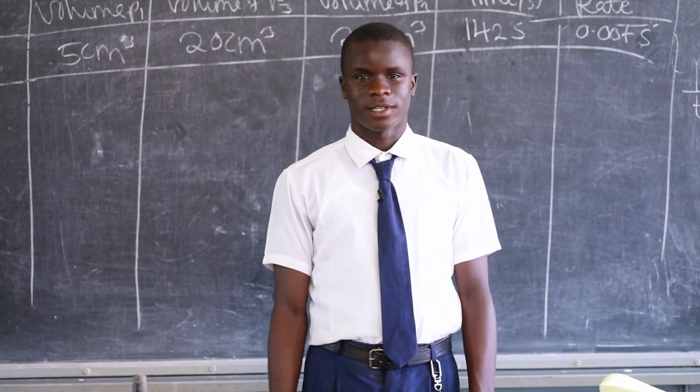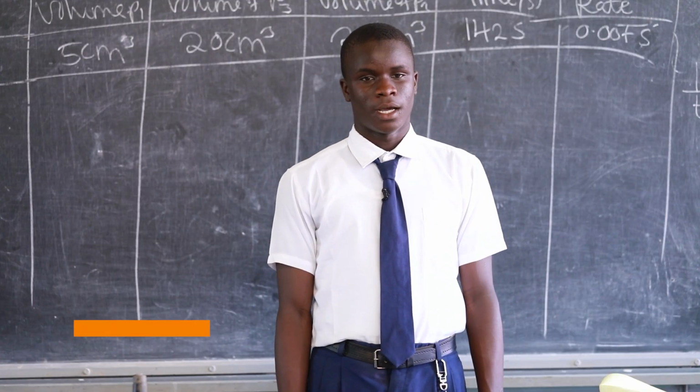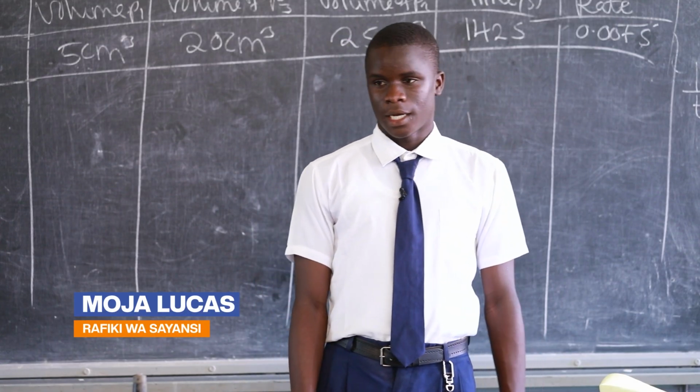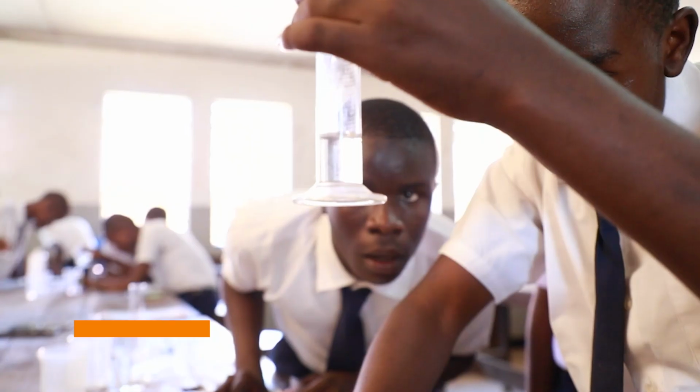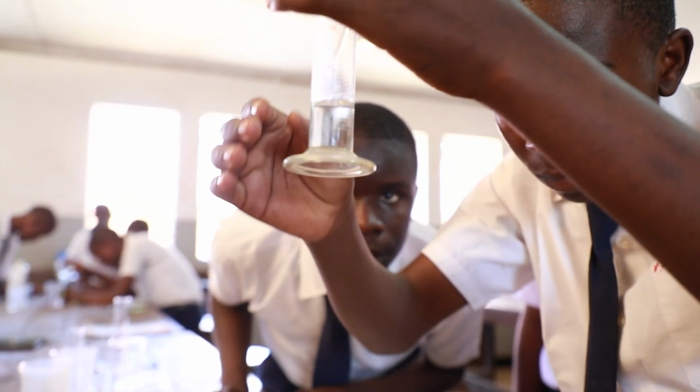My name is Lucas Jackson. I'm a Form 3 student at Pugu Secondary School. I'm here to explain experiment number 2. As group number 2, we discussed the effect of concentration on the rate of chemical reaction.